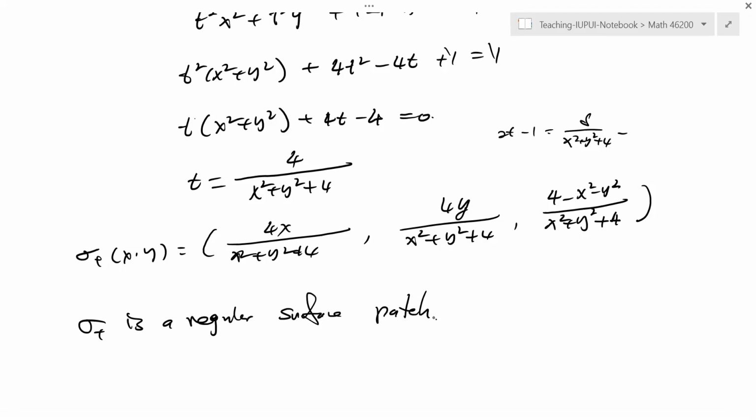That's very good. This one covers the largest area compared to other previous constructions of regular surface patches. And you can have another one called sigma negative, and then it can cover the whole sphere except for the north pole.